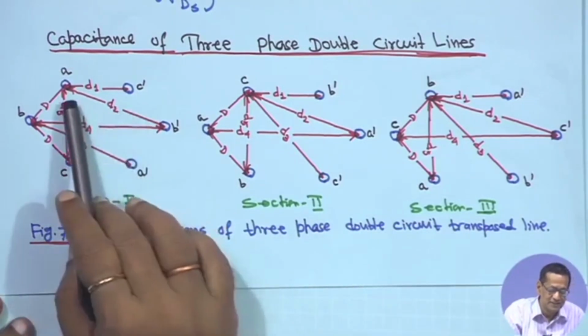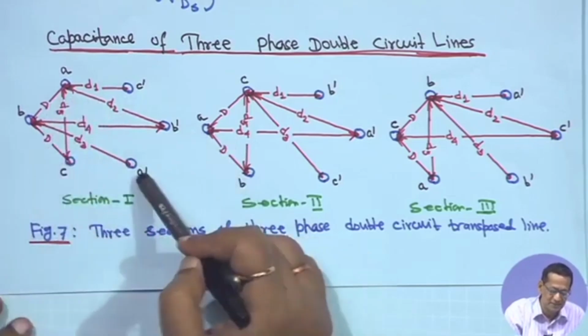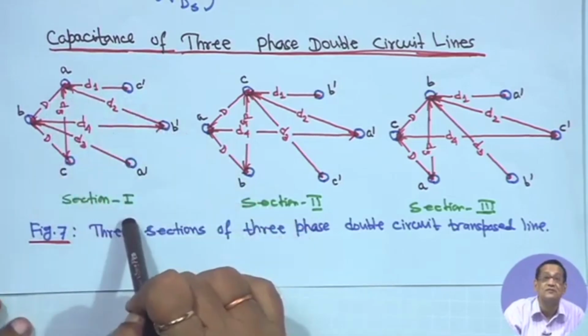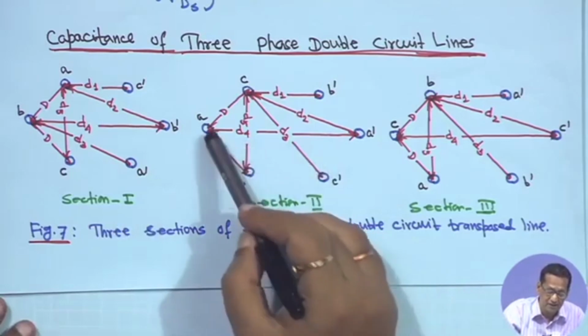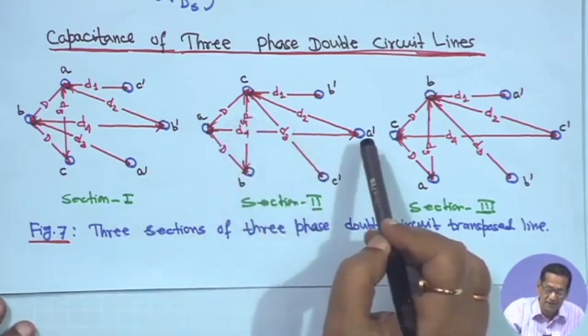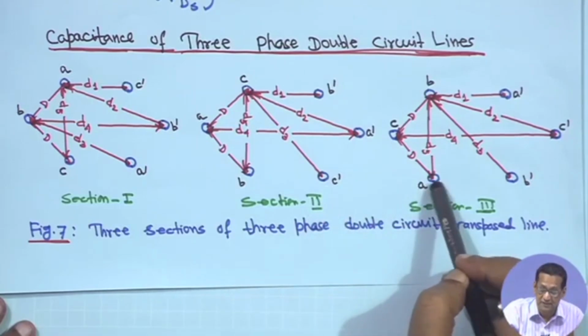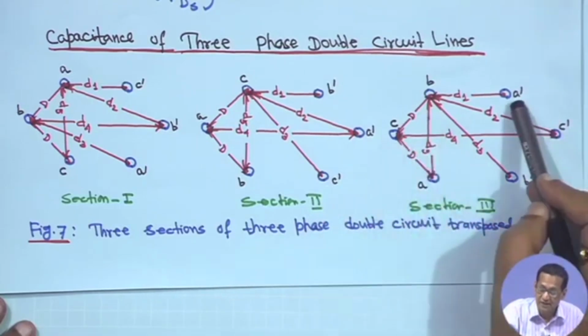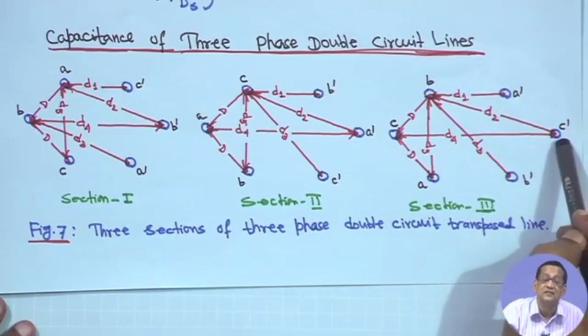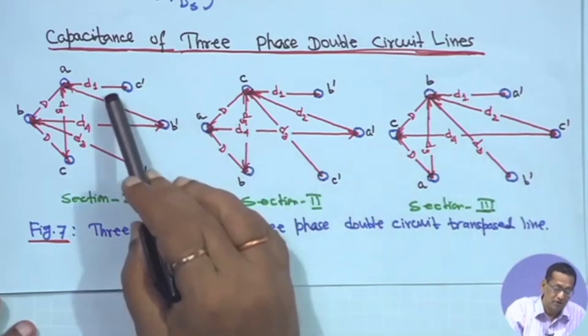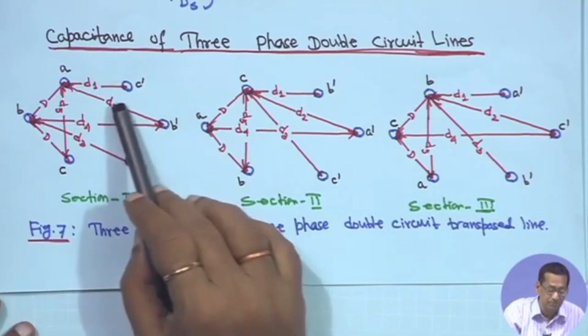All the distances are given, that is A, B, C and A dash, B dash, C dash for the first transposition cycle. Second one is A, B, C and A dash, B dash, C dash, and for the third transposition cycle this is A, B, C and A dash, B dash, C dash. So, all the distances are marked here.